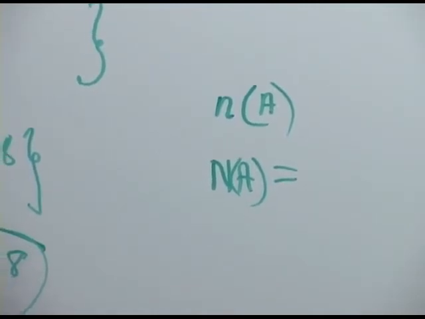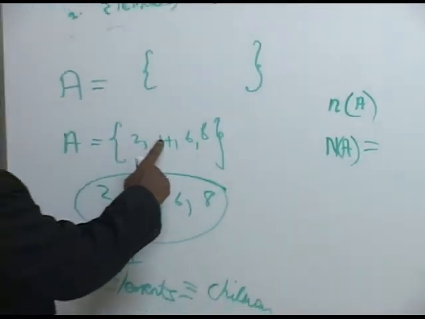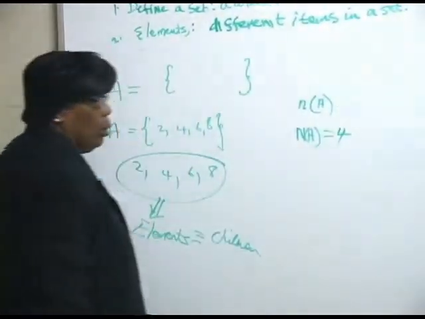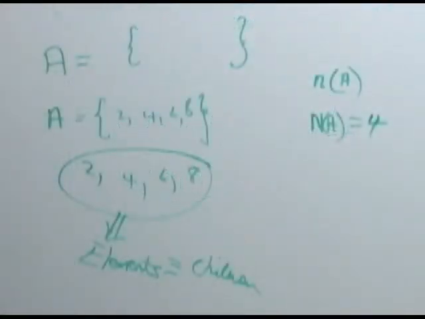So I would say 1, 2, 3, 4. The answer here would be equal to 4, not surrounded in any bracket, not surrounded in any set notation, just the number 4 on its own.